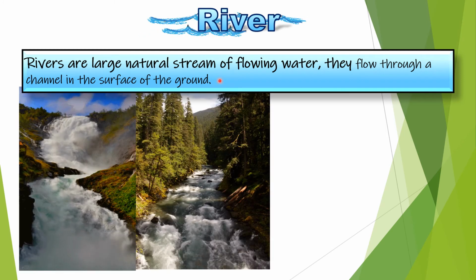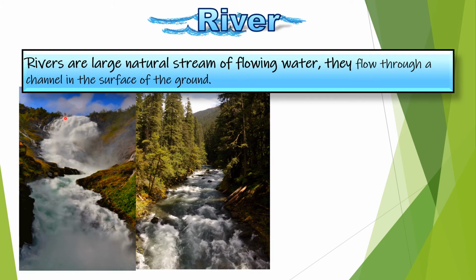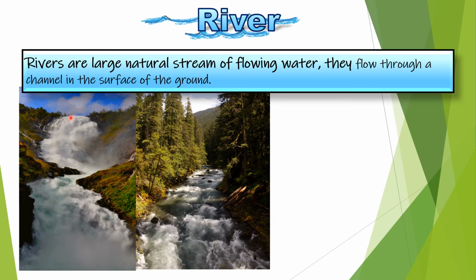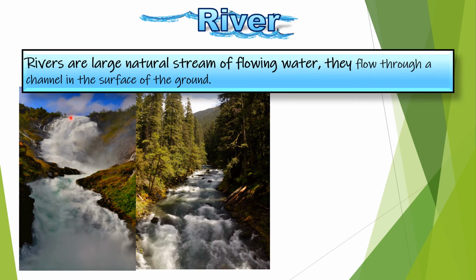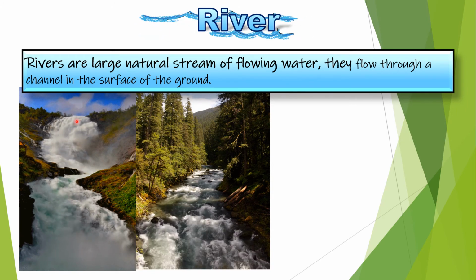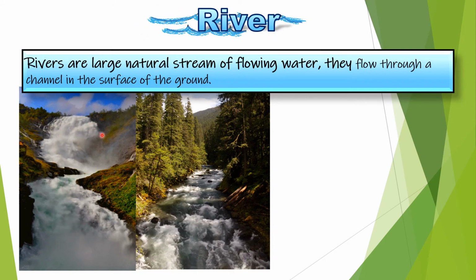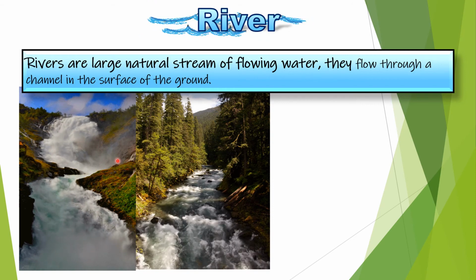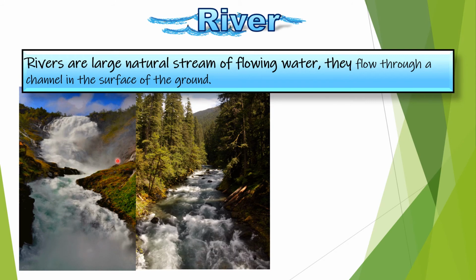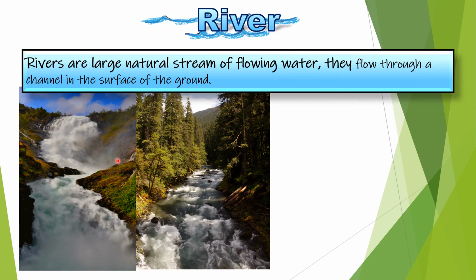Now children, the place from where the river starts flowing, that is what? Origin of the river. I am repeating again, the place from where the river starts flowing is known as the source of the river or origin of the river. Okay, and that is the first stage of the river's journey.